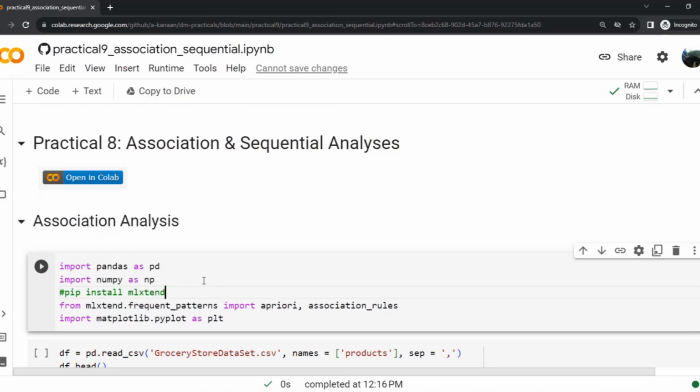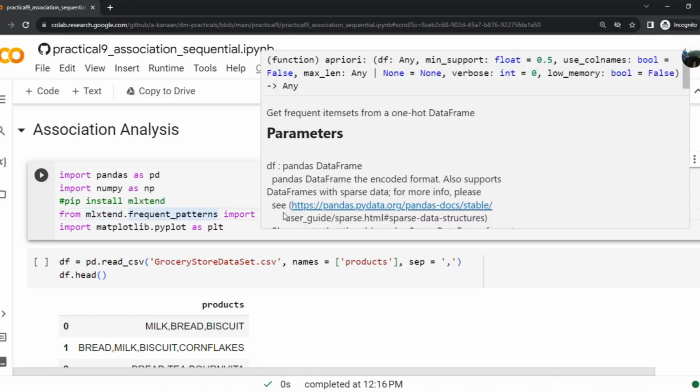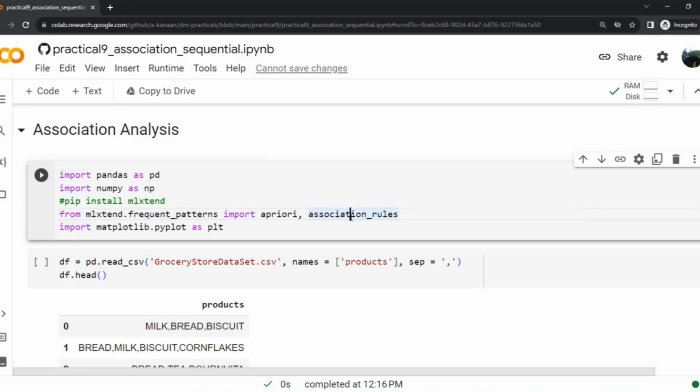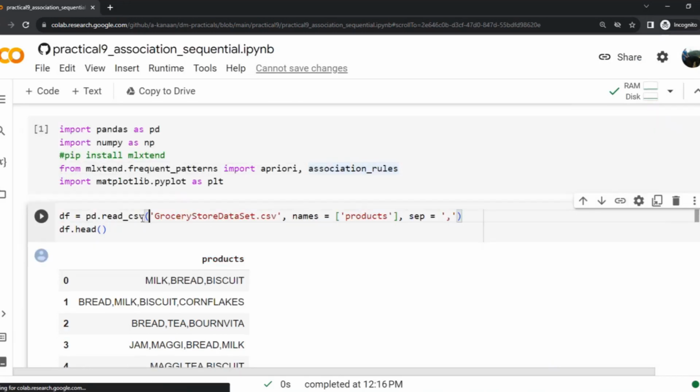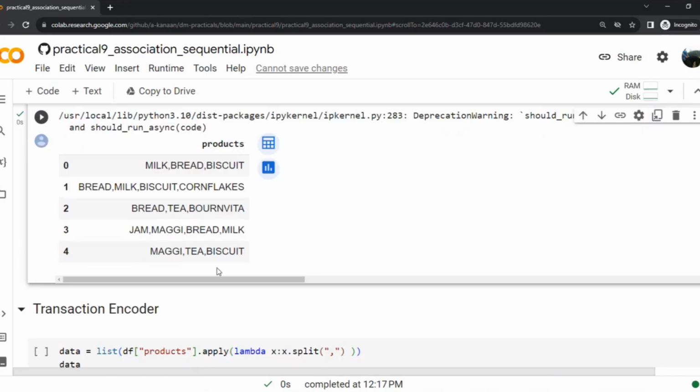Anyway, for Colab, no need. We are going to use, from MLxtend under the frequent patterns module, two functions, apriori and association rules. You can run this section and then load the data set to ensure that it has been uploaded correctly and you are able to retrieve the file.